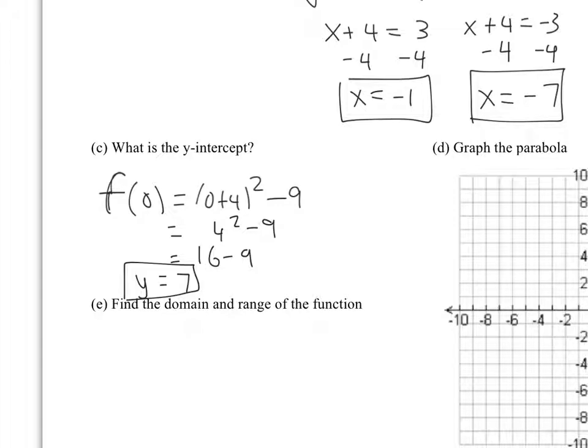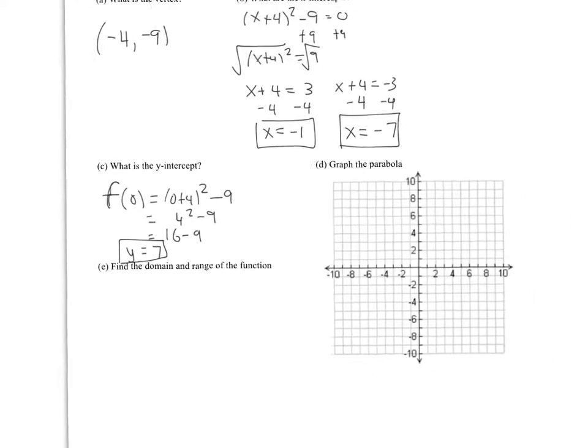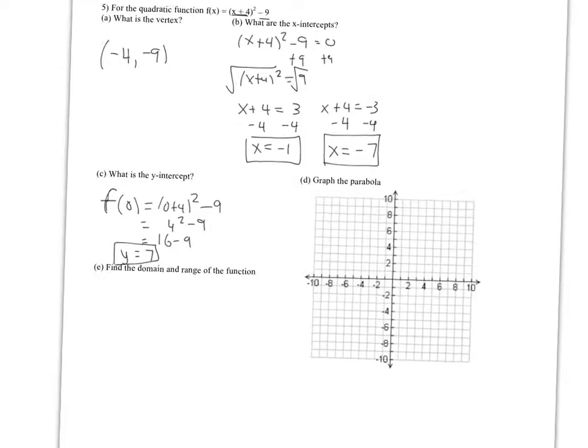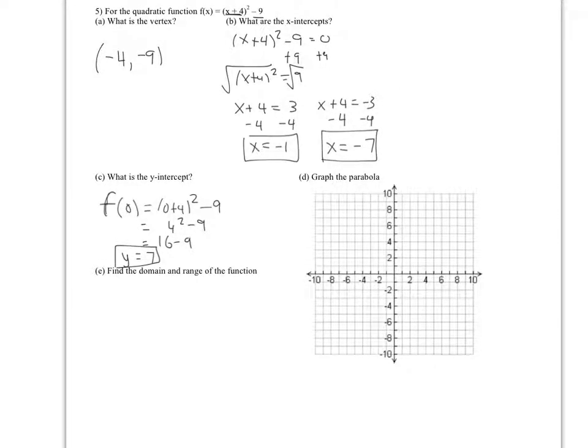And now I'm set to graph, because I know my vertex is negative 4, negative 9. So down here, I know my x-intercepts are at negative 1 and negative 7. And my y-intercept is way up here at 7.